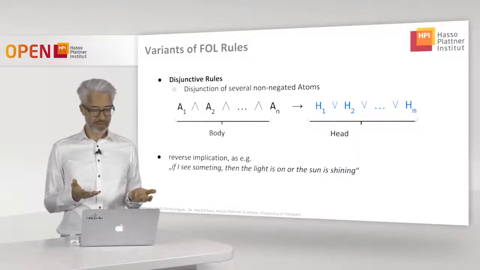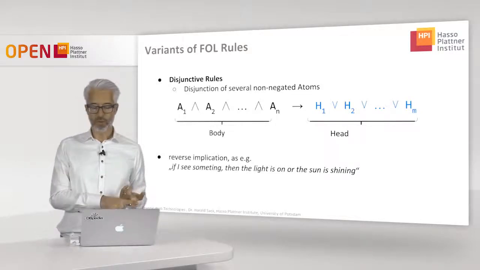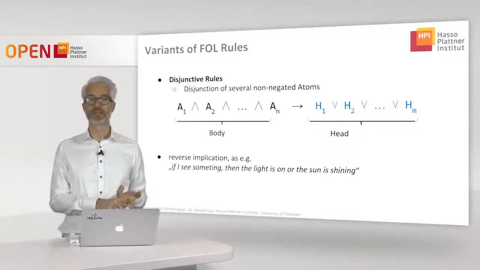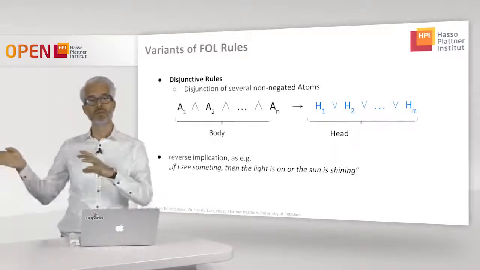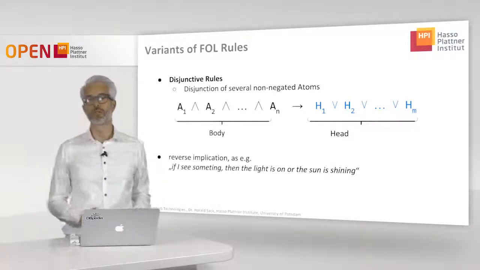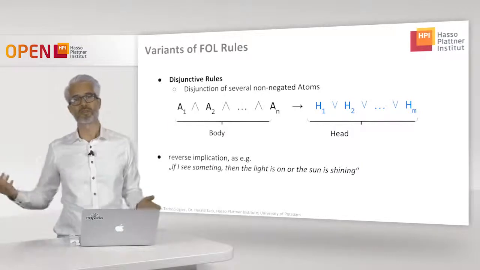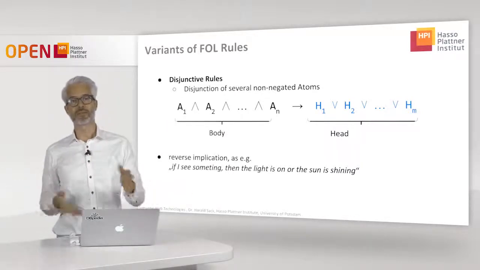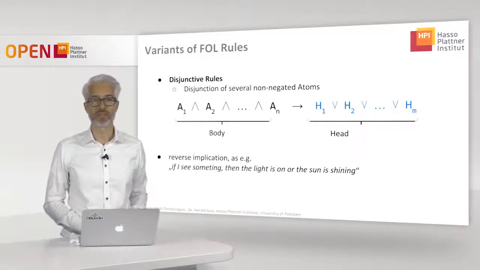It means something like, if I see something, then the light is on or the sun is shining. So you can also read this as if-then, but you connect the precondition as the outcome of your rule. So if I see something, then some precondition must hold, like the light is on or the sun is shining. So these are so-called disjunctive rules.